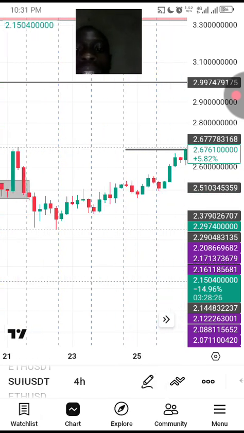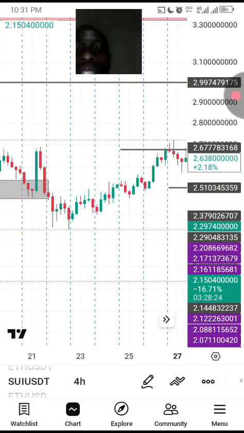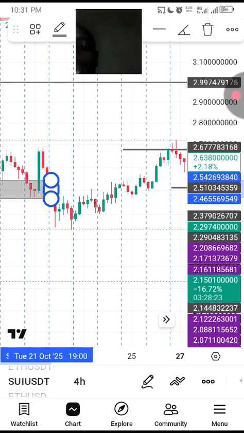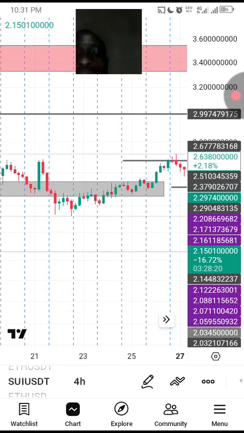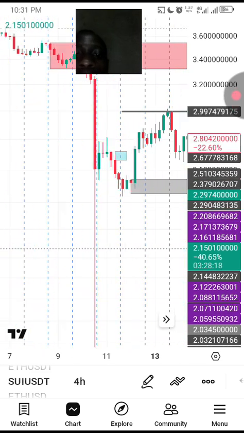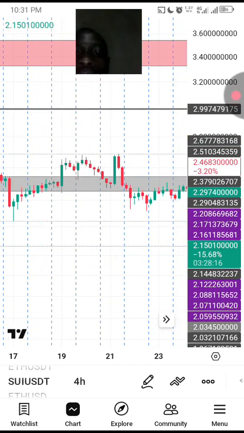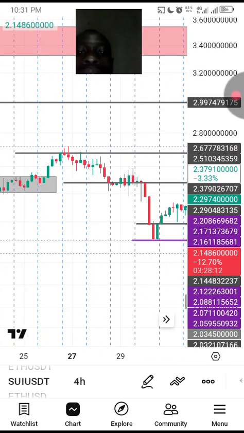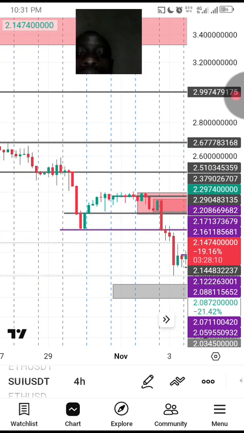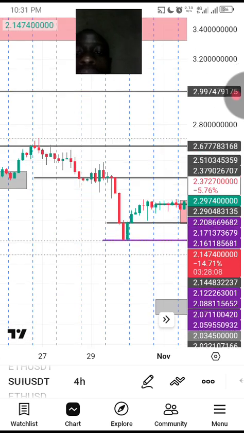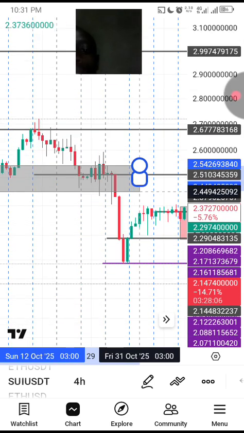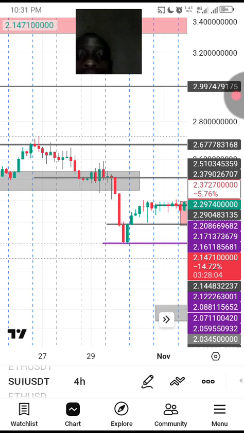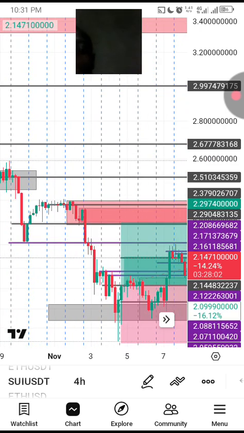Just follow the trend. Follow the trend until you get a stronger confirmation. Look, we are still going under, and up and down without a stronger entry. So you wait until you get a stronger entry point.